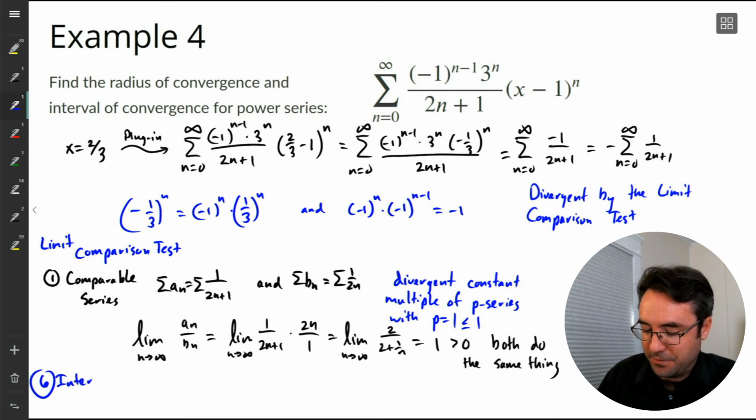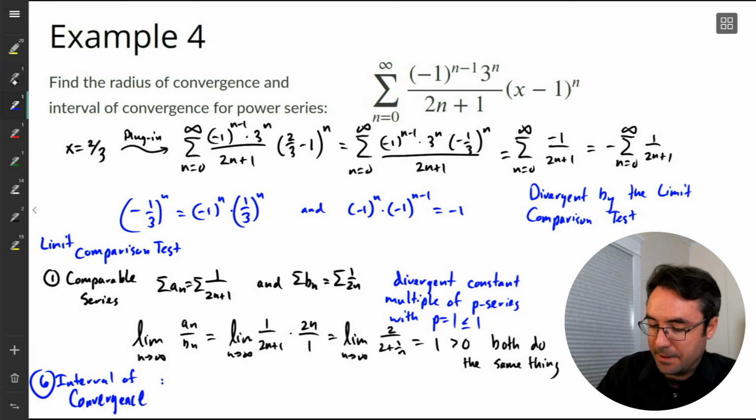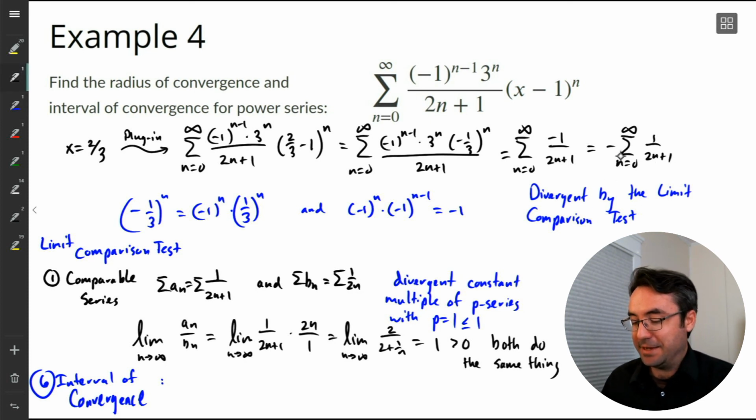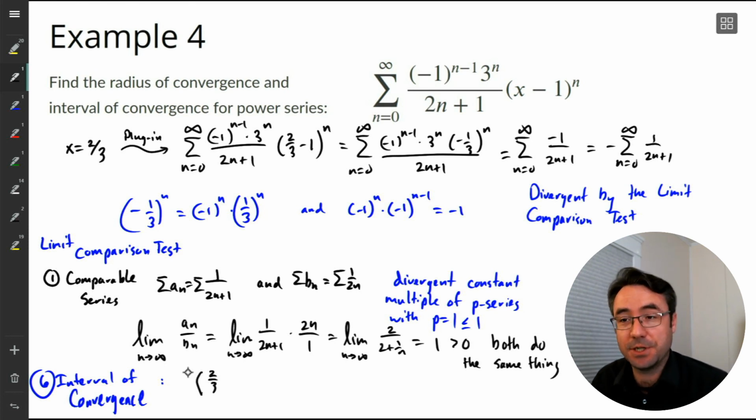So we saw it was divergent at 2/3, so we're going to keep that open. We don't want to include that endpoint because it's divergent.